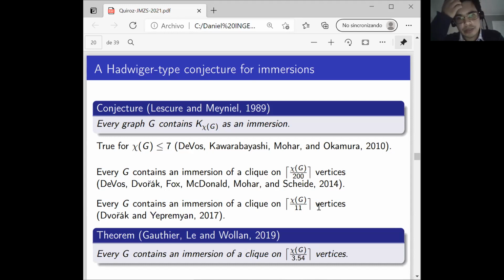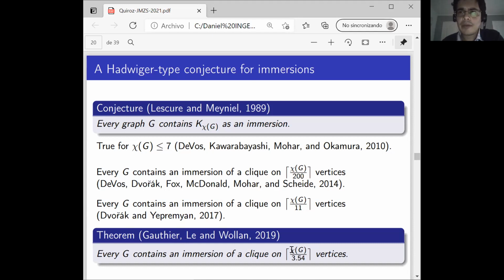And the state of the art is that Gauthier, Le, and Wollan proved that every graph contains a clique immersion on the chromatic number over 3.54 vertices. Okay, so that's how things stand there.